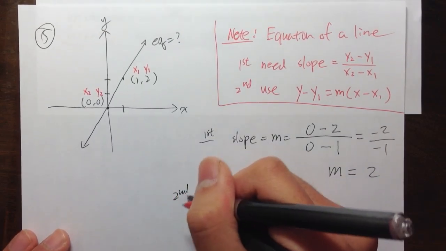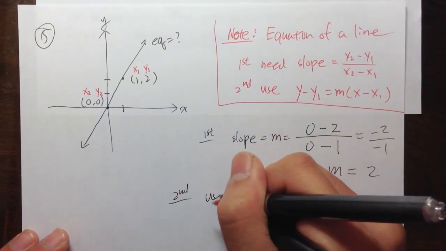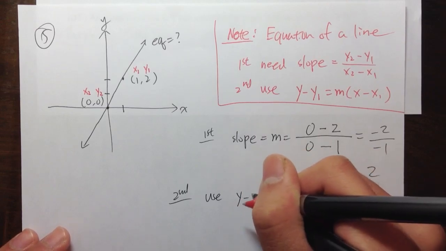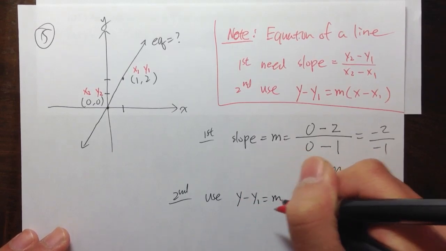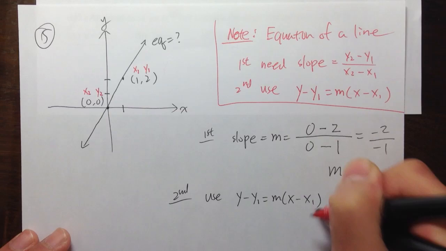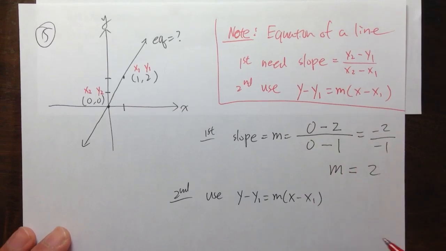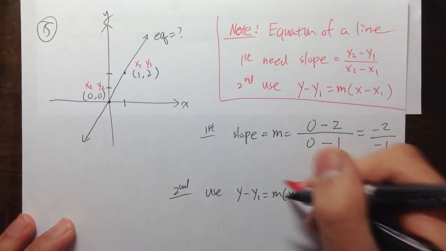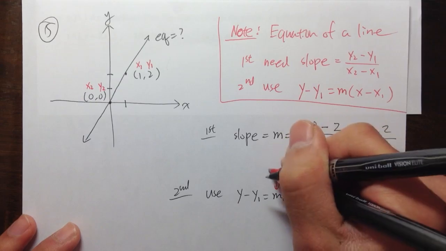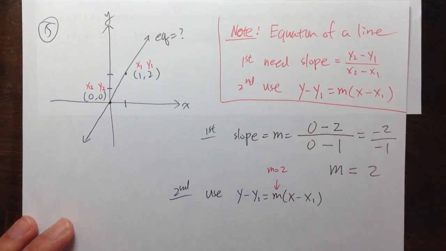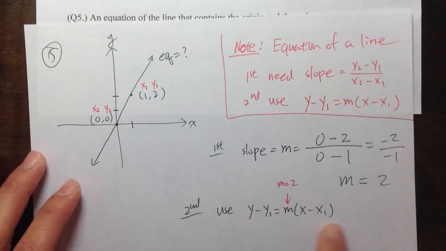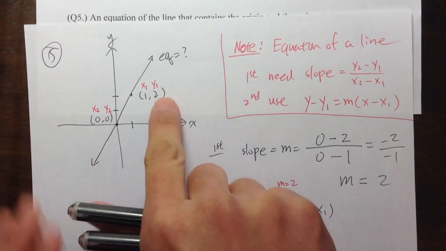So second, we are going to use y minus y1 is equal to m times x minus x1. And what do we know so far? We know m is equal to 2, right? And then what's the x1 and y1? You can pick any point.